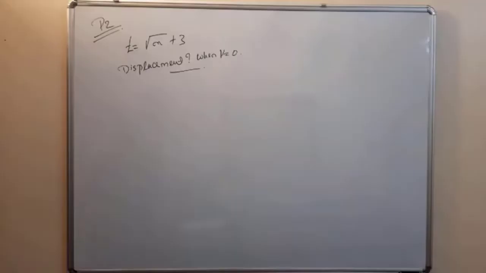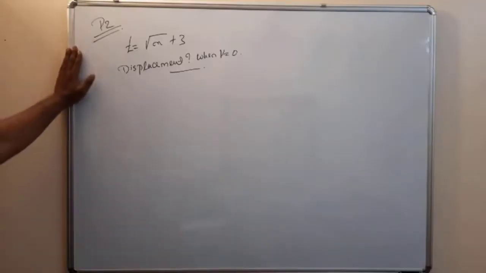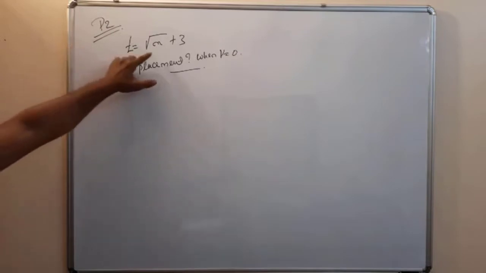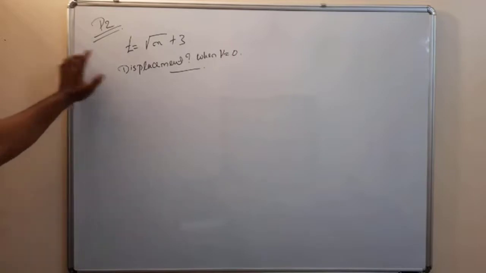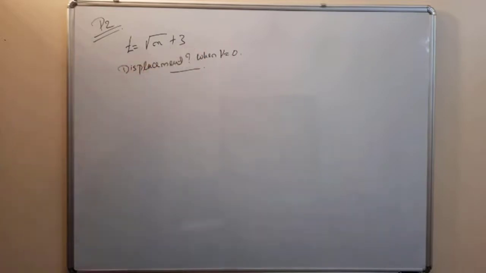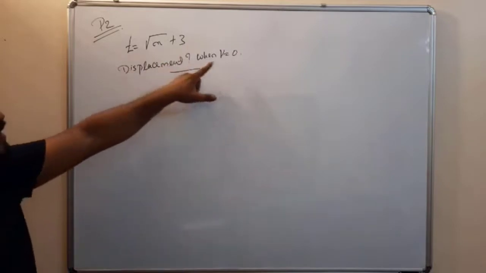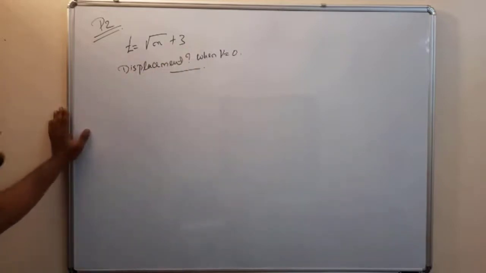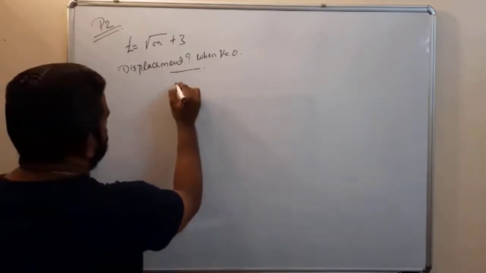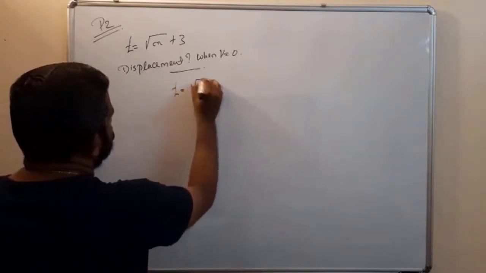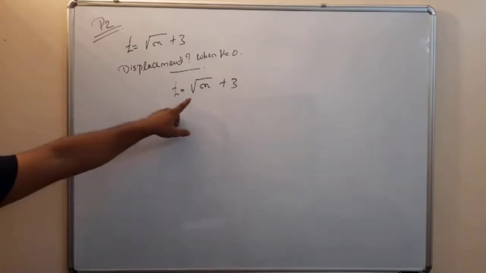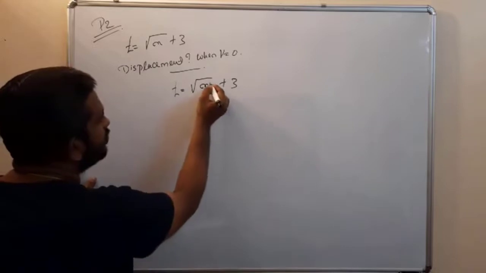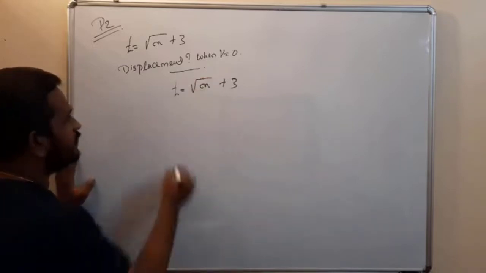Find the displacement of the particle when its velocity is 0. So from the question, it is given that t is equal to √x + 3. The displacement and time relation is given by t equal to √x + 3. We have to find the displacement when velocity is equal to 0. x is the displacement.